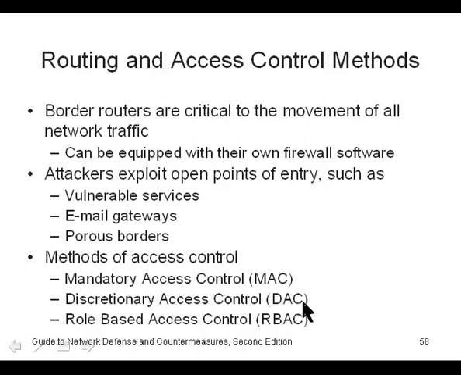Discretionary access control is what you've probably got on your home computer right now, or your Windows 98 box, or your Linux box, and what that means is that the person using the computer actually doles out access to the files on the computer. And role-based access control is when a person in a particular role, a role being a particular position in a company, say the president of the company, has access to various files which they need to work on.